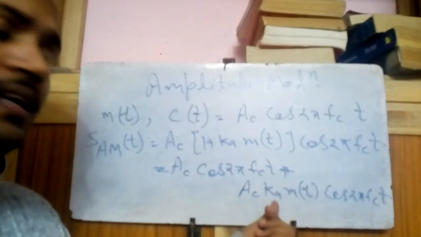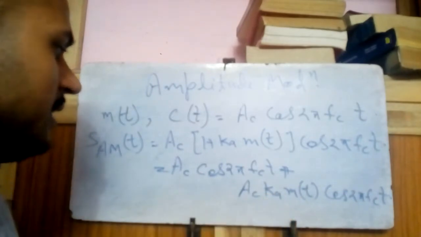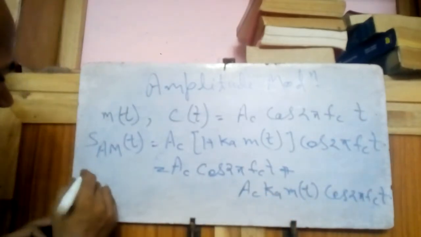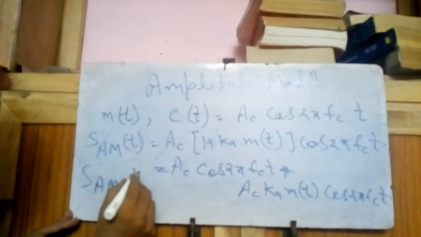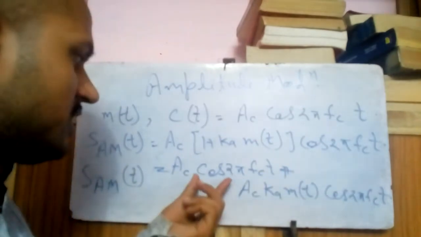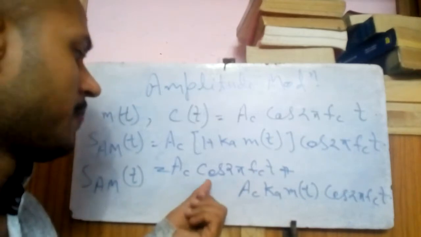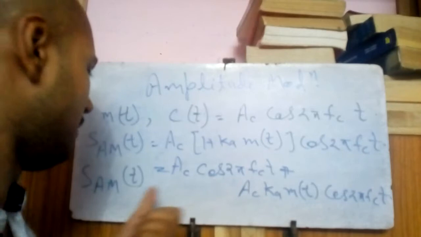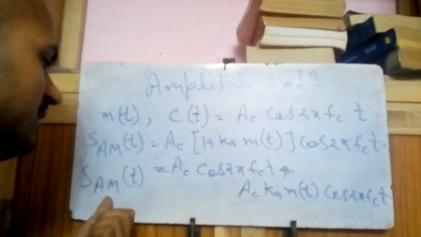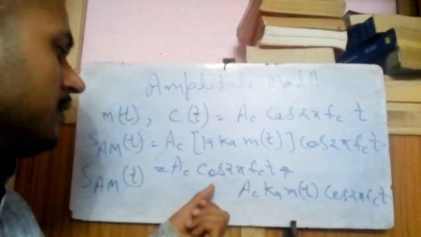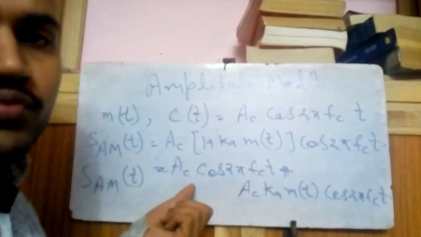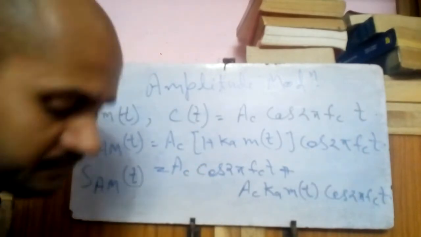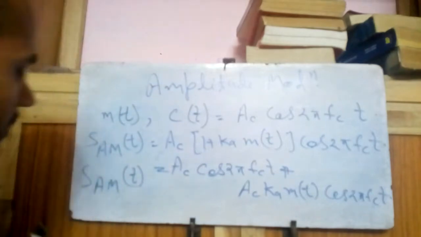So what is Ka? Ka is the amplitude sensitivity, and in this process the AM signal has an extra component of the carrier. Because of this carrier component, the demodulation of the amplitude modulated signal is very easy and cheaper, but it is a wastage of power, right? It is the wastage of power.